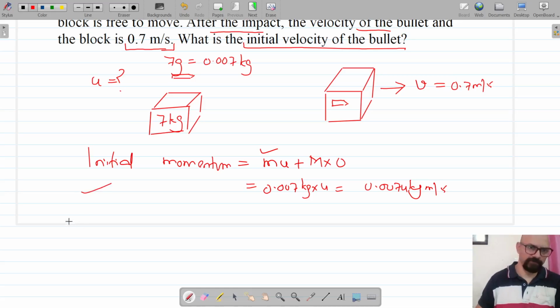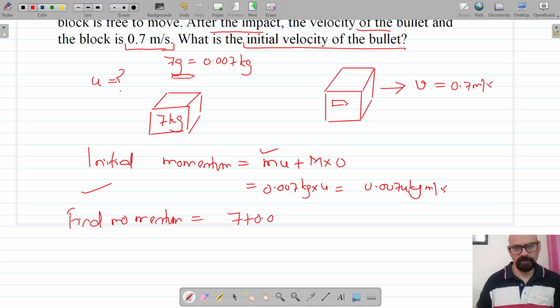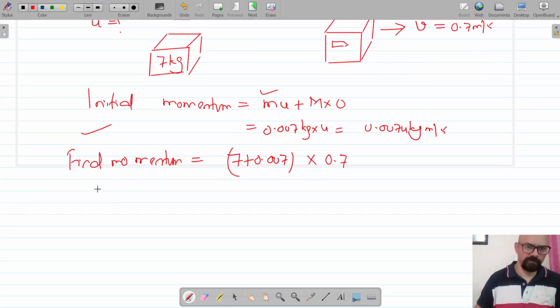And the final momentum would be that of the system of the bullet and the block. So the final momentum is equal to the total mass, that is 7 kg plus 0.007, times the common velocity, that is 0.7. So according to the law of conservation of momentum, initial momentum is equal to final momentum.